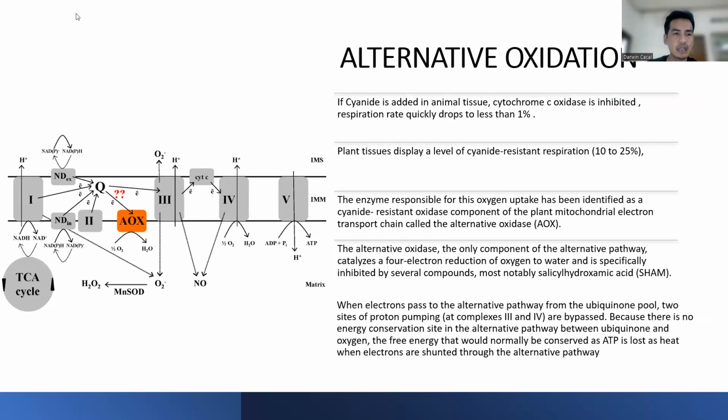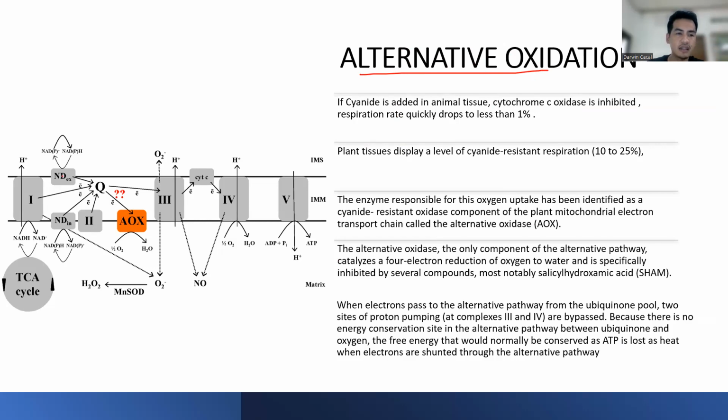So today, we will discuss the alternative oxidations. If we say alternative oxidation, this is an extra release of energy in the cells of plants, because the alternative oxidation is an enzyme, okay? The enzyme that forms a part of the electron transport.